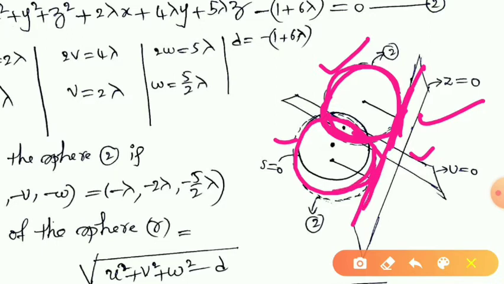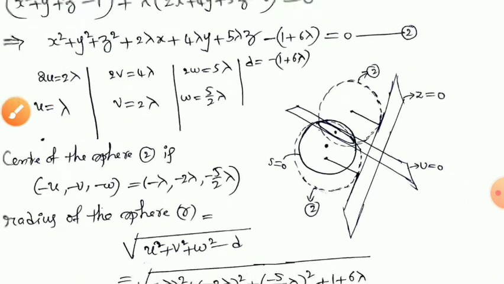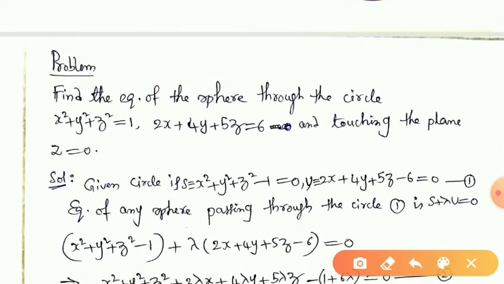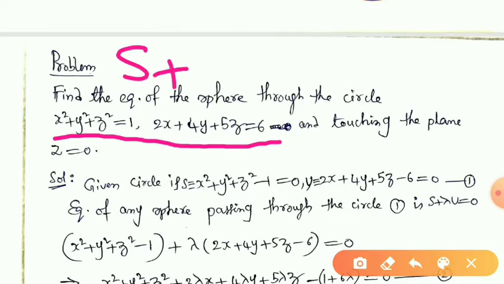Therefore, we can find two spheres satisfying the given condition. So first, what is the sphere passing through this circle? This can be obtained by applying the principle S plus lambda u is equal to 0.